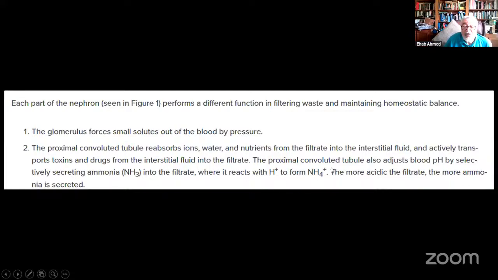And the proximal tubules adjust pH. That's why we have what we call proximal renal tubular acidosis. How do they do that? Selectively secreting ammonia into the filtrate. And then it reacts with the hydrogen to form NH4, which will help to treat acidosis.